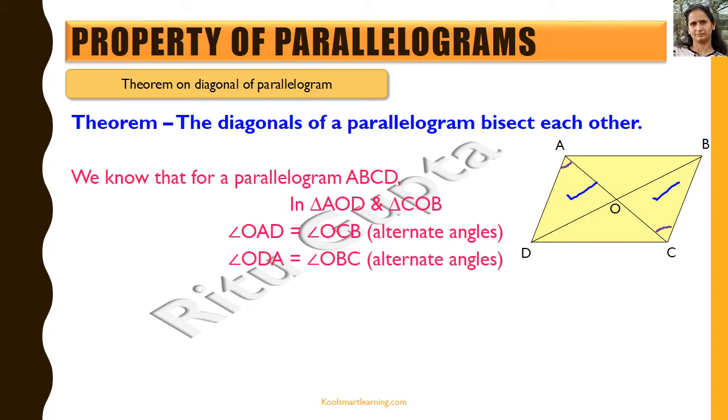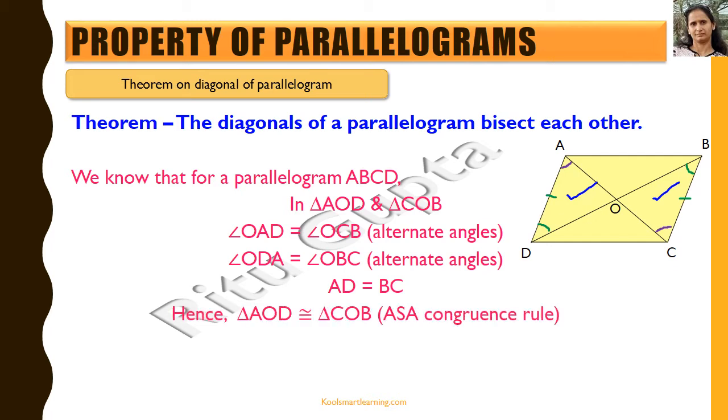We also know that angle ODA is equal to angle OBC, and we know that AD is equal to BC. So based on this, the two triangles AOD and COB are congruent by the ASA congruence rule.